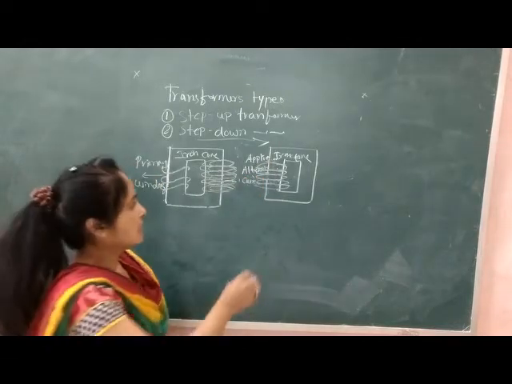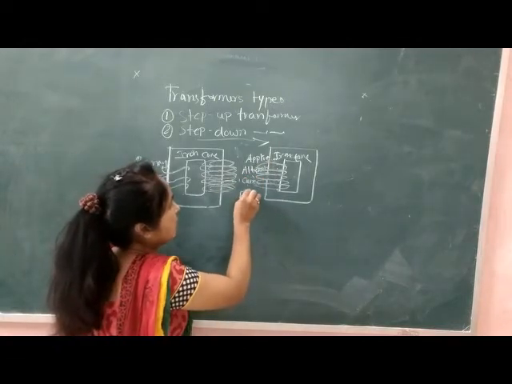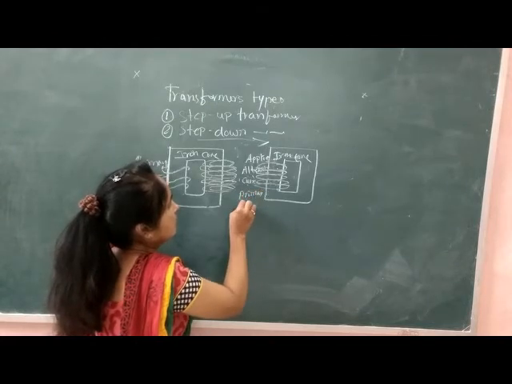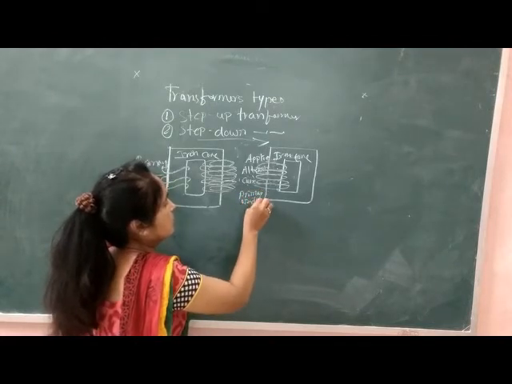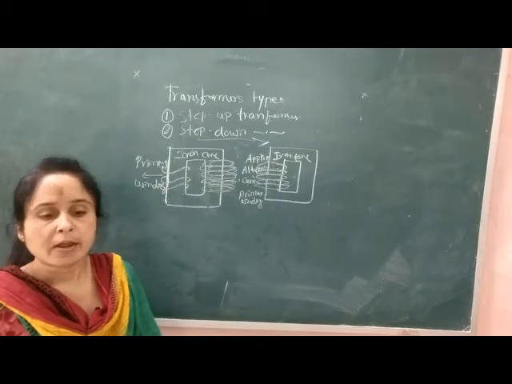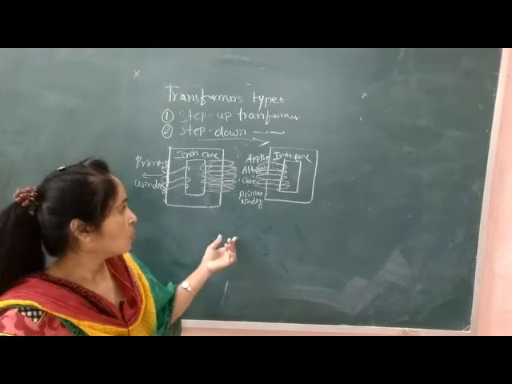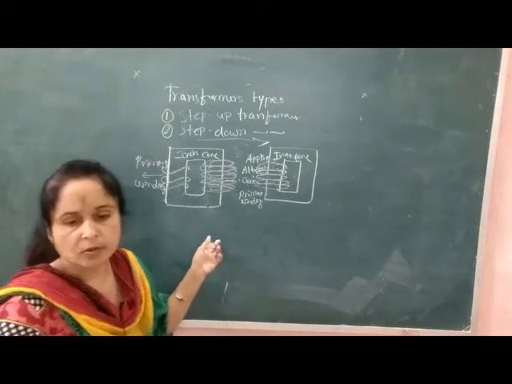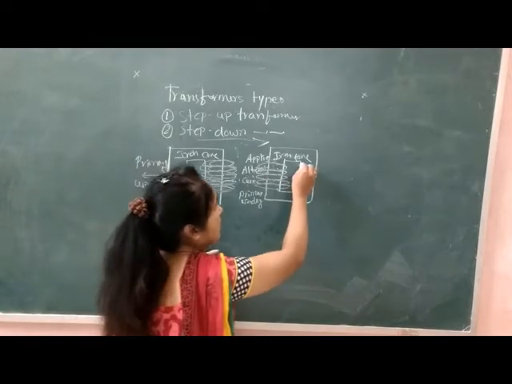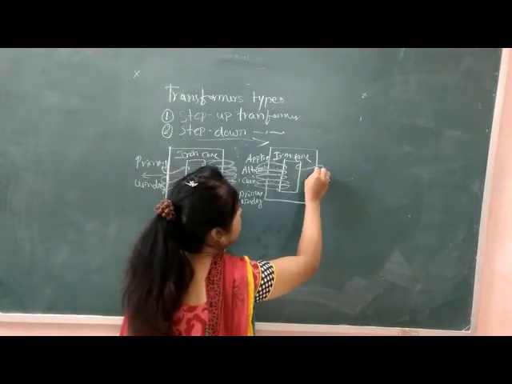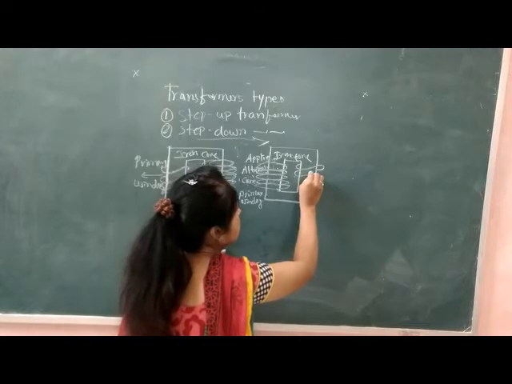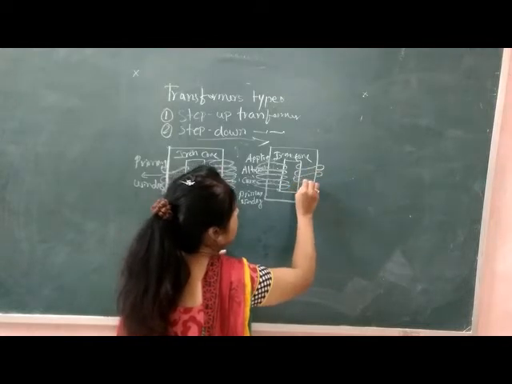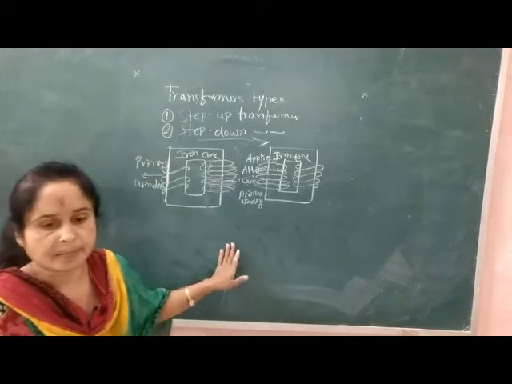And this is the primary winding. It shows the primary winding, which has more turns, while the secondary side has fewer turns of coil. This is present inside the diagram.